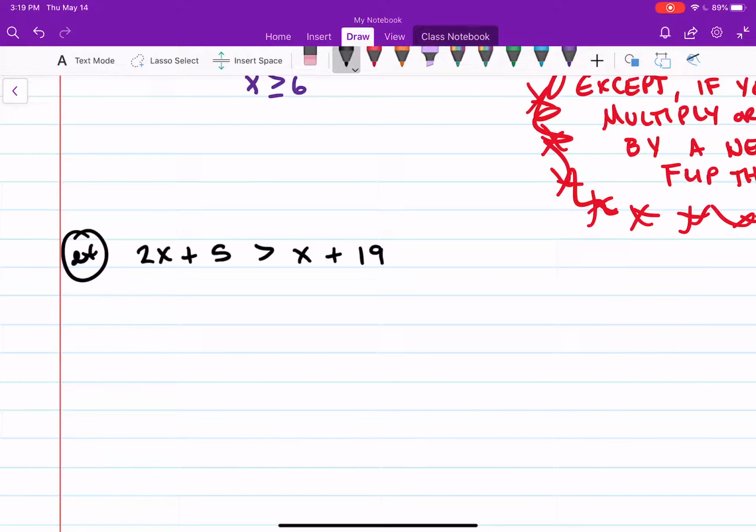So the way I look at it is this. I'm always interested about the x. Okay? Because my goal is to always get a positive x. Okay? It doesn't matter if it's left side or right side. I just want to get the x to be positive. Okay? So the first thing I would do is subtract the x from both sides.